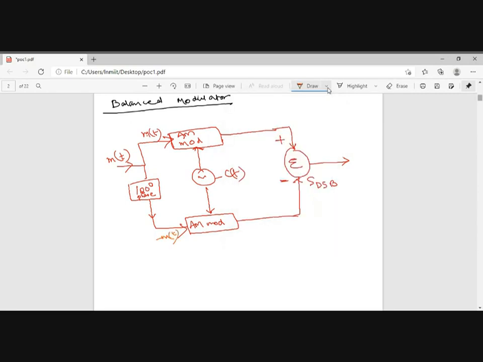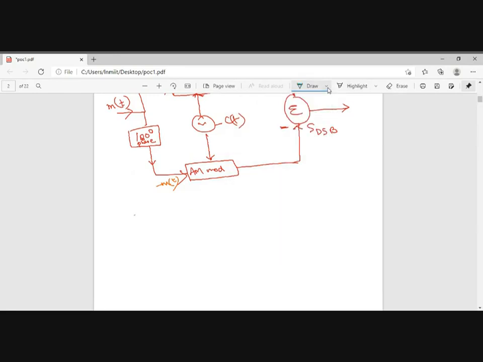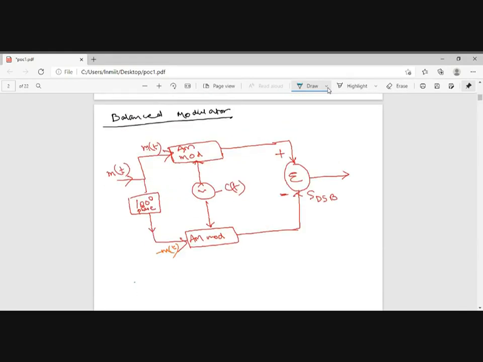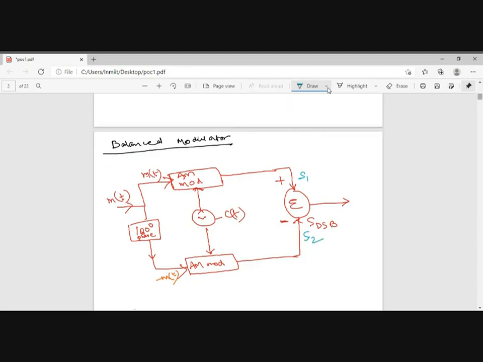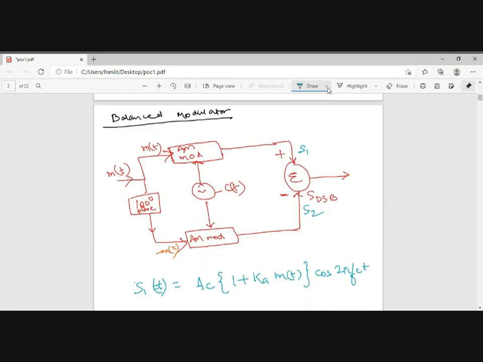If this is the scenario, then for the above arm, suppose I write it as S1 and S2. S1 of t will be equal to simply Ac[1 plus Ka m(t)] times cos of 2 pi fc t. Agreeing? It is a simple AM modulator multiplying with c(t), and this will be S1.